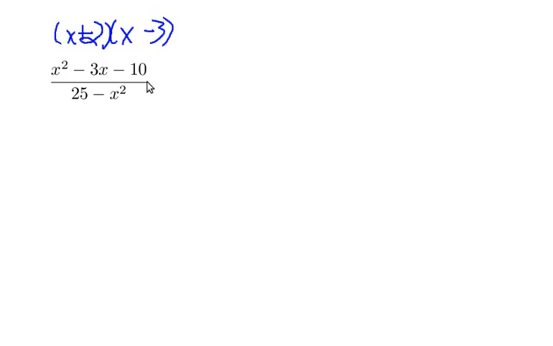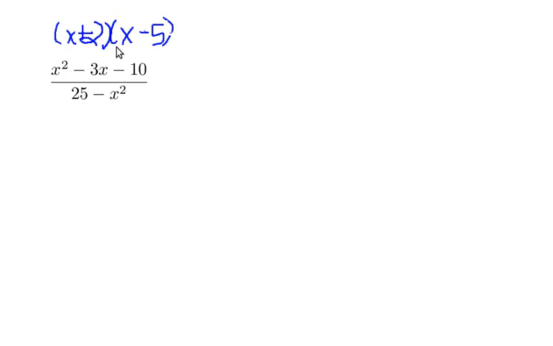Wait, no, it's not. Whoops, not 3. Sorry, I saw this 3. I'm glad I caught that. It's x minus 5. I'm very glad I caught that before we went on, because this problem would not have made sense. So, x plus 2 times x minus 5.